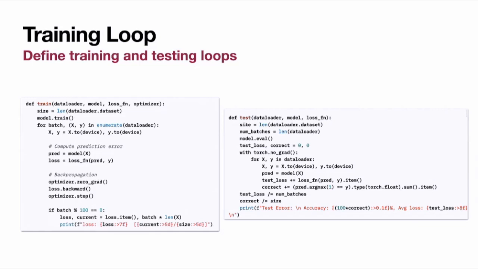Testing is similar to training, but we do not calculate gradients and we do not update weights. We do not perform backpropagation, turning the model into the evaluation mode where we do not calculate gradients, set up initial values of a test loss and the correctly predicted values by 0 just to nullify it.